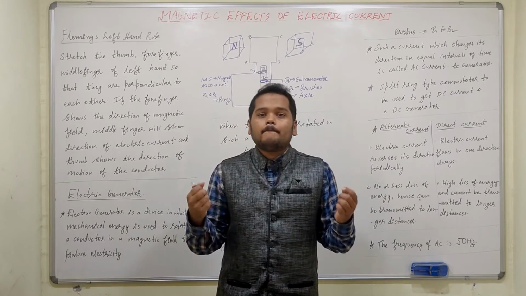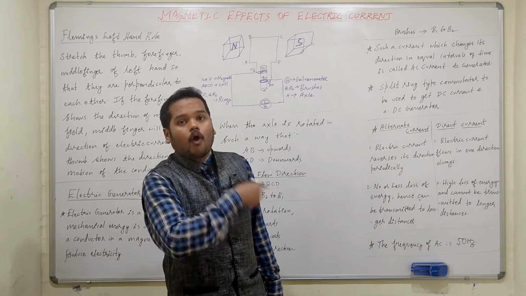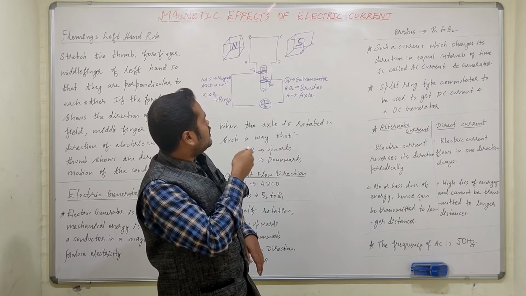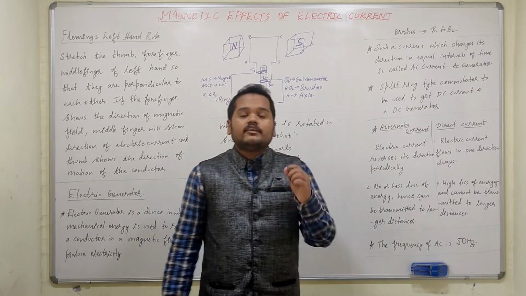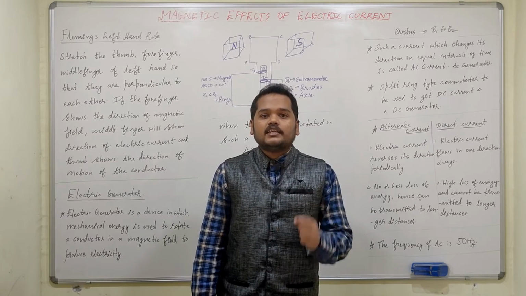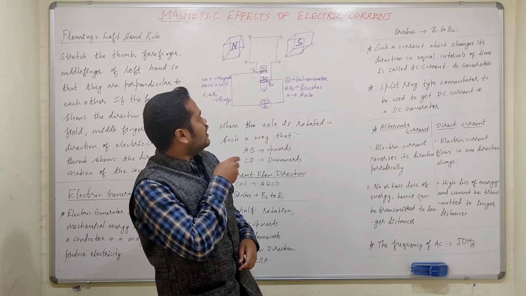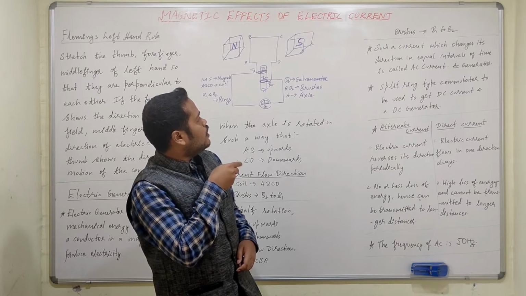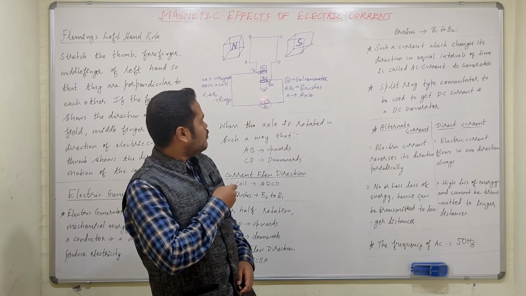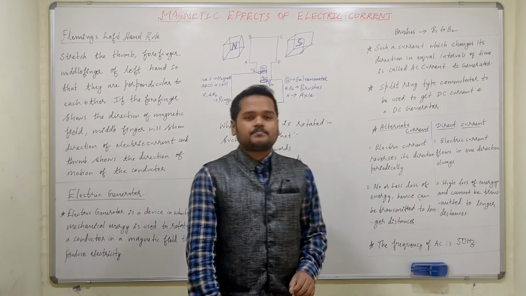When we use mechanical energy to rotate the coil in the magnetic field, it produces electricity. So the rotation of a coil or a conductor in a magnetic field produces electricity, which can be observed in the galvanometer through its deflection towards the right or towards the left.